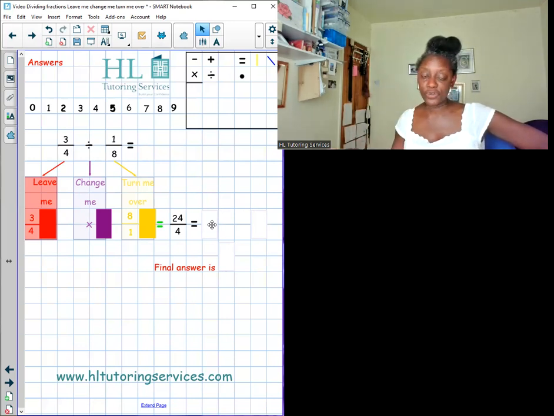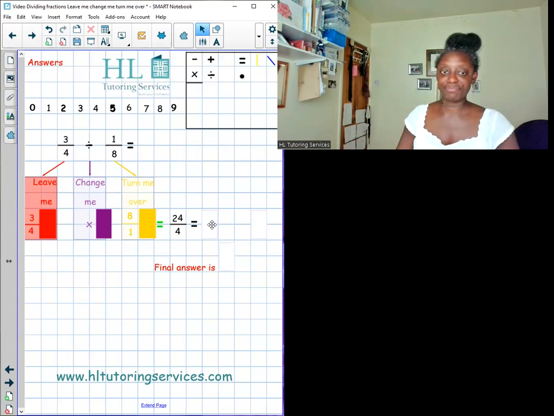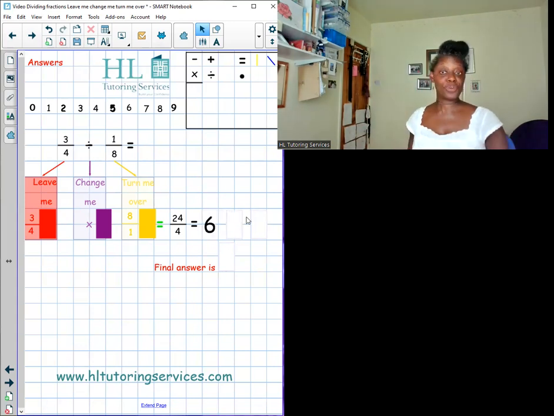So how many 4s go into 24? 4, 8, 12, 16, 20, 24. So there are 6 of those. So you'd end up with 6. That's a whole number. So the final answer, 3/4 divided by 1/8 equals 6. 6 whole ones.